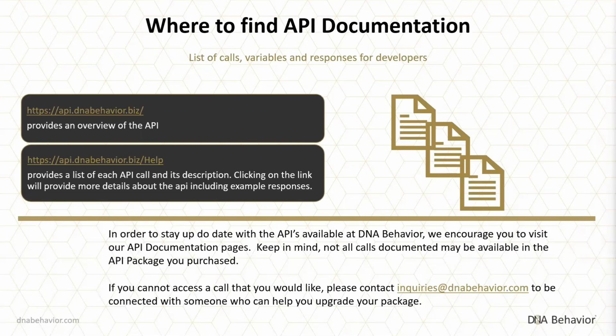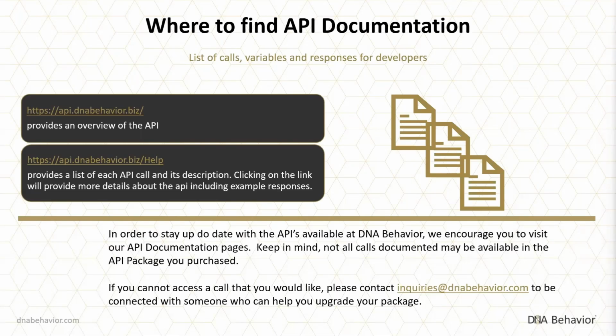If you click on the link, you're going to see more details. So I showed you snippets of those calls from the report that I showed before. You can look here and it will give you a description of what that call is, as well as some examples of what's in the response. So you get a really good idea of what's available.